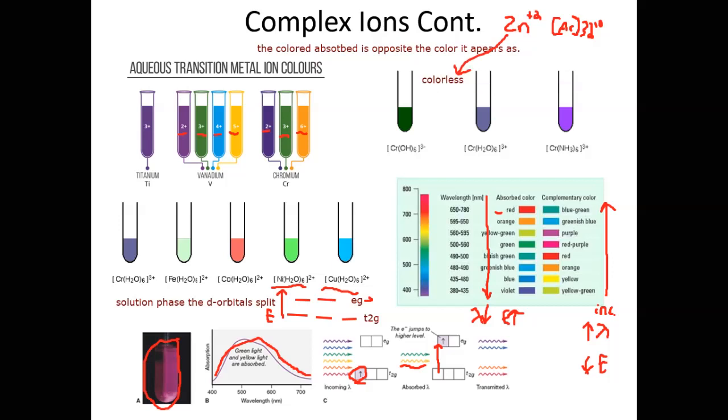Because if we draw the orbital diagram, so we have our Eg and T2g.